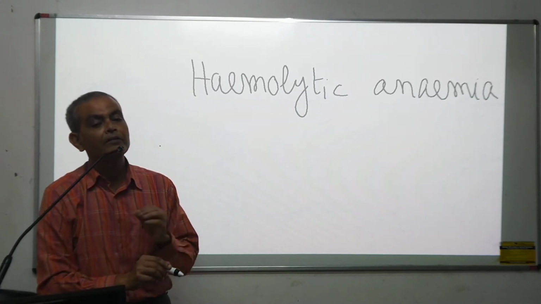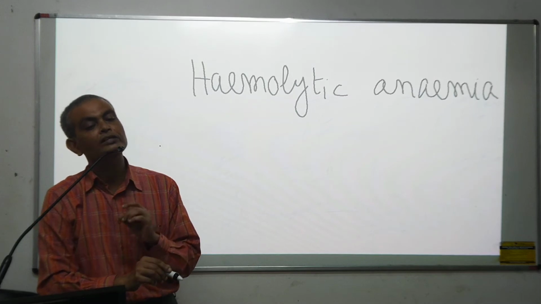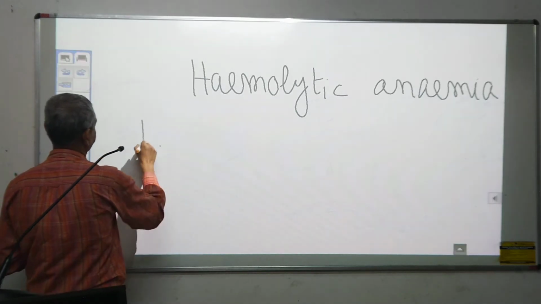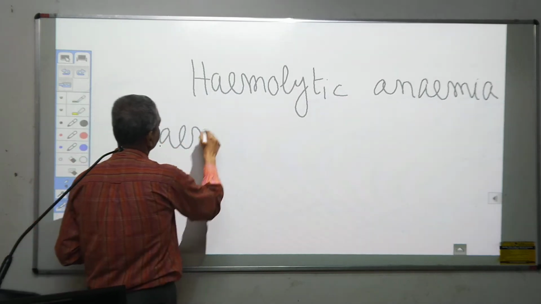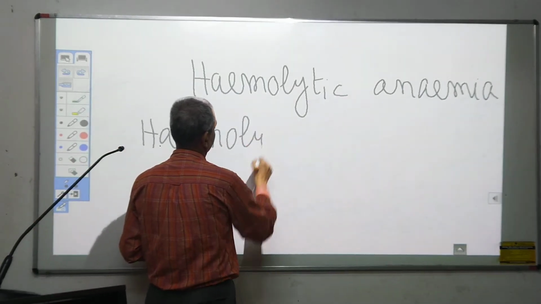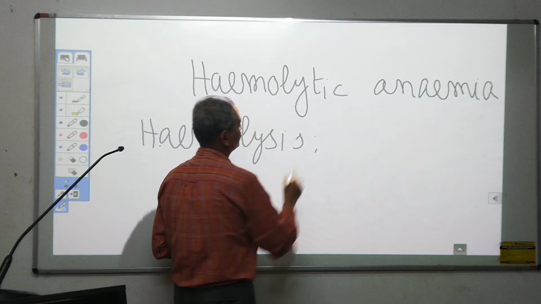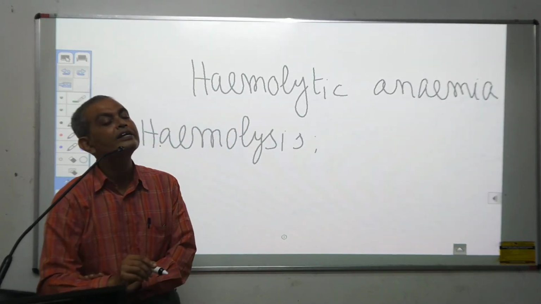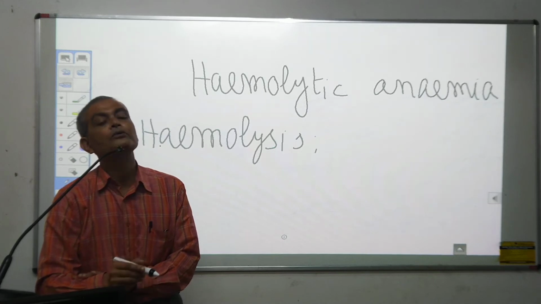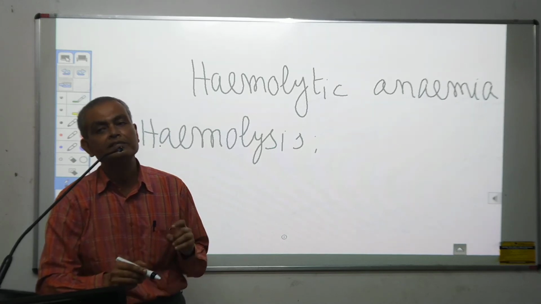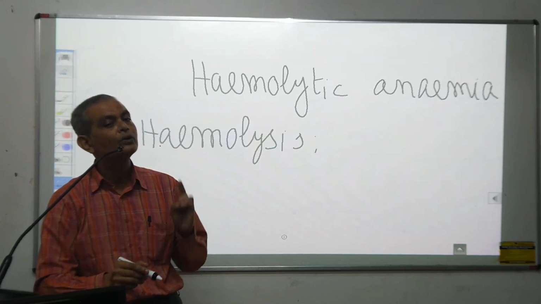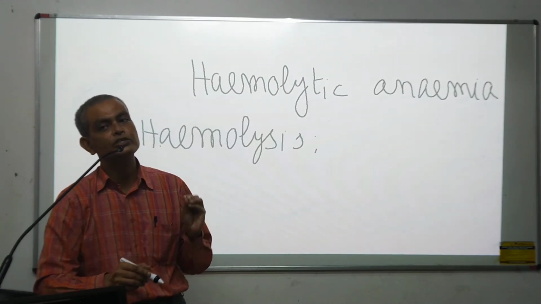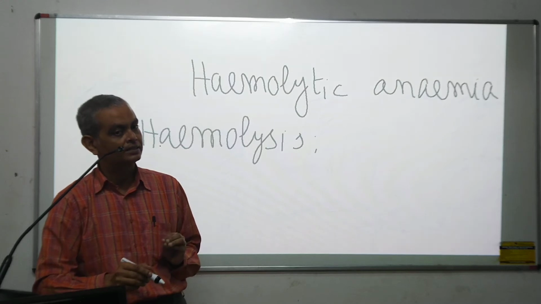Okay. Now we are coming to the basic physiology of hemolysis. The lifespan of an RBC is 120 days. Then what will occur? The older RBCs will be destroyed by the reticuloendothelial cells. Now the spleen has the highest concentration of those reticuloendothelial cells.